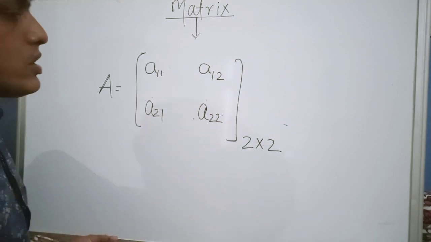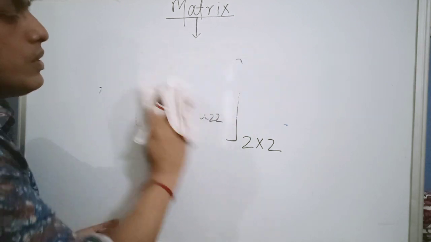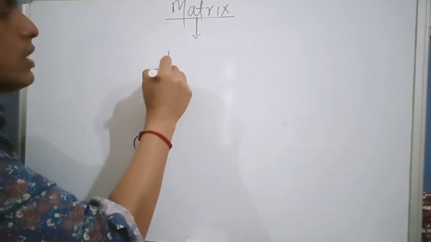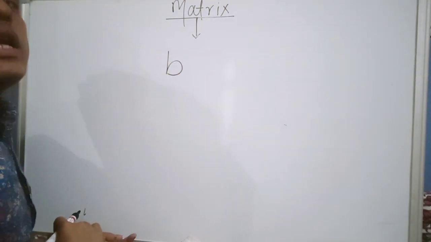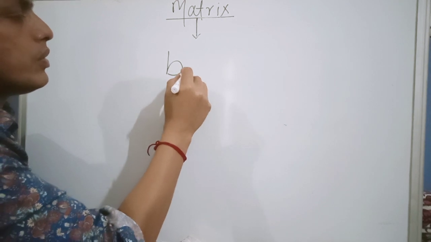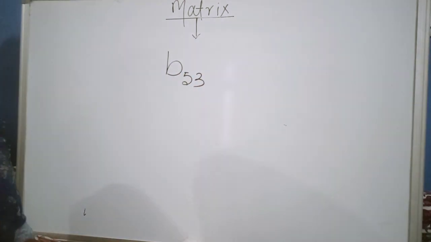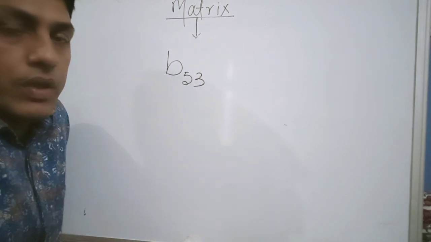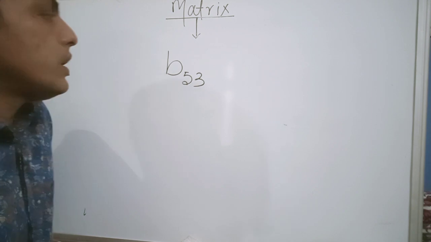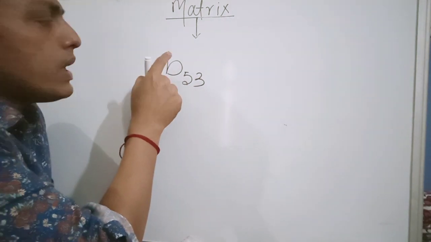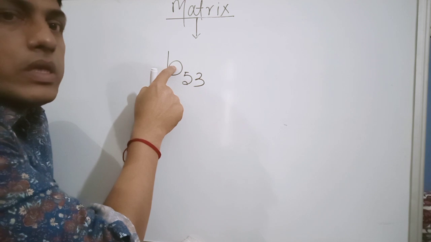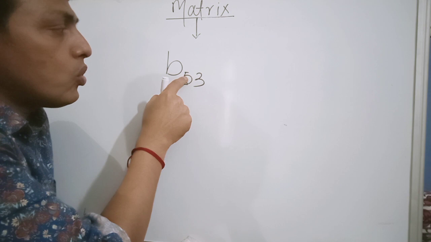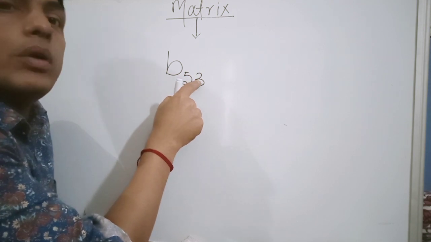Suppose we got an element whose symbol is b53. What does it mean? It means this element is the part of fifth row and third column.